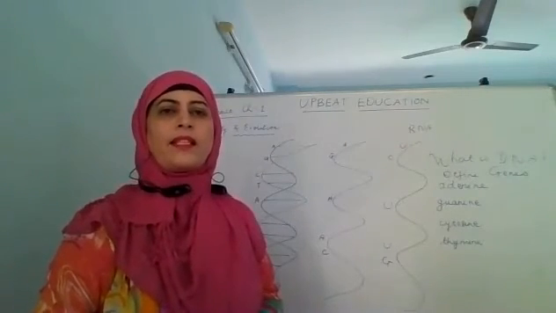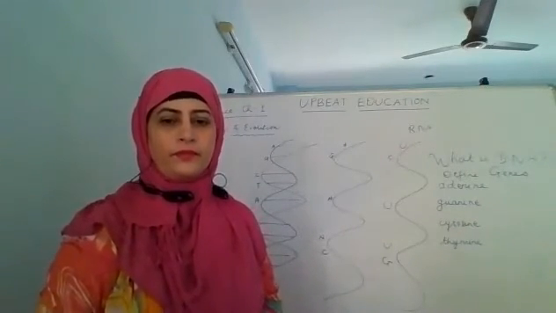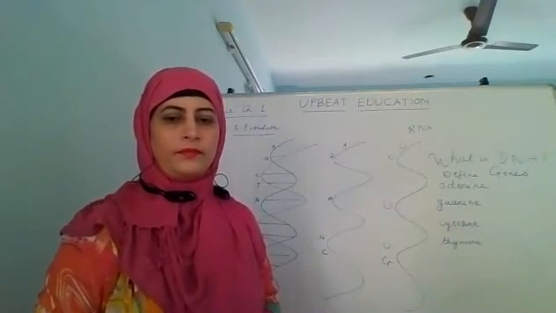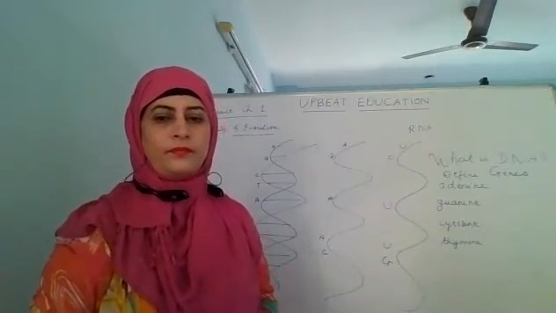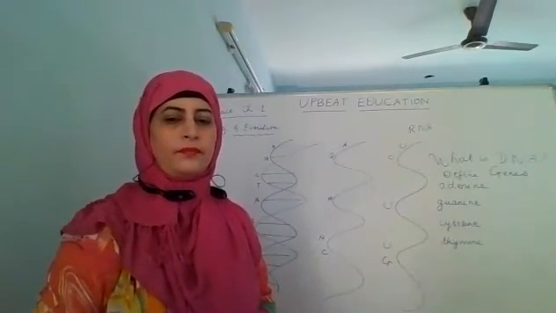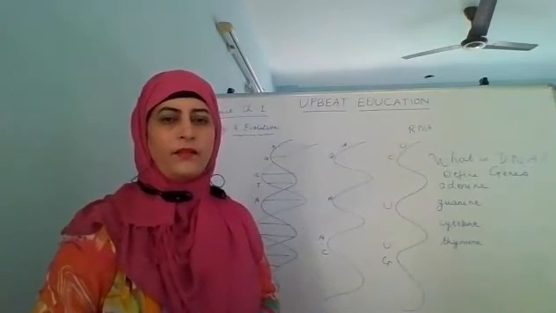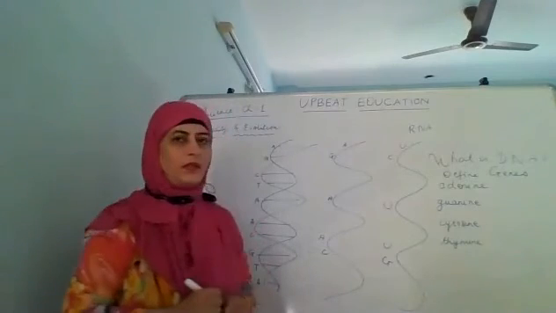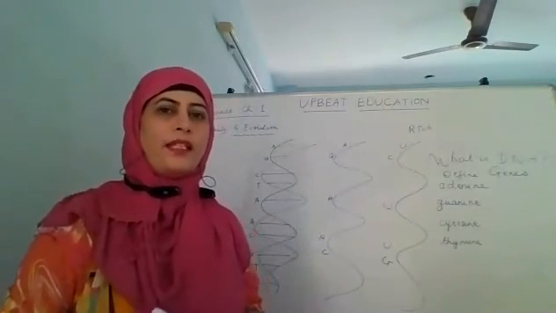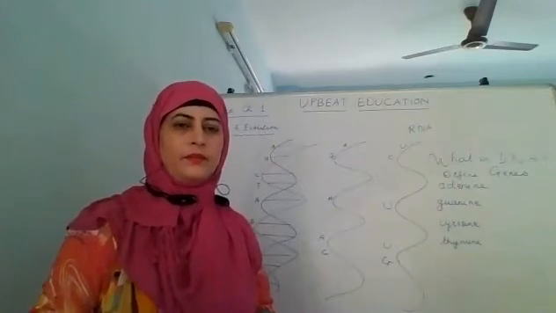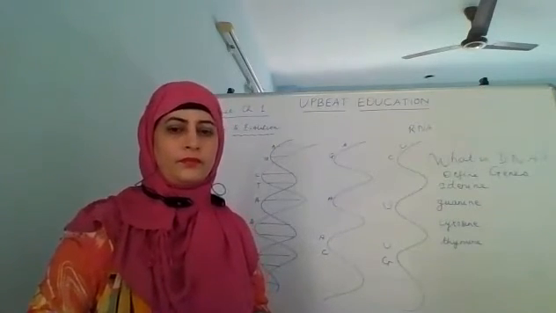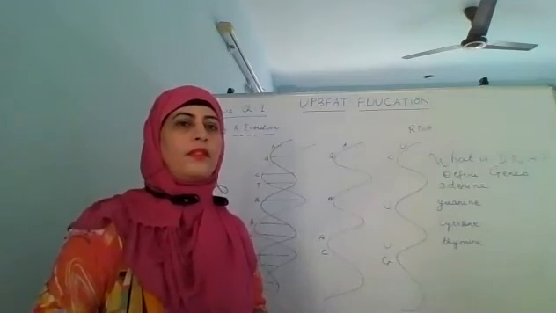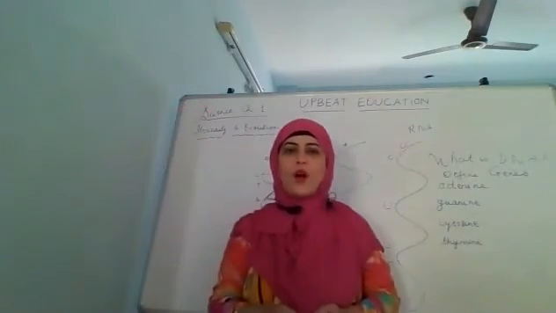Okay. Next is, define RNA. RNA, dash, ribonucleic acid, is the second important nucleic acid of the cell.